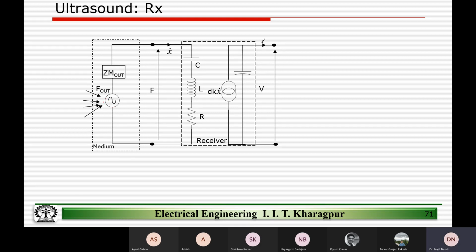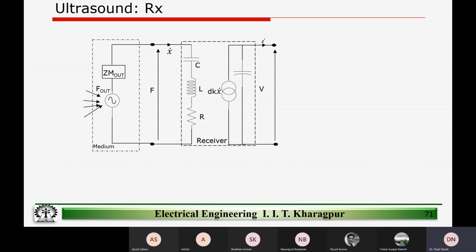So we can treat those sound waves as a mechanical signal source, with an output impedance that depends on the medium we are talking about, right? In this case, if it's a car, it can be air. If it's biomedical, it can be a biomedical fluid, or it can be anything, but we do need a medium.